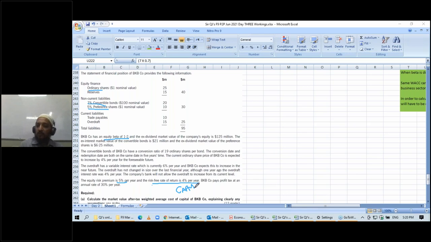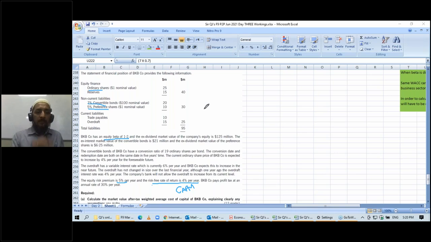Dividend growth model or CAPM? You will be preferring the capital asset pricing model because it is considered amongst financial management people to be superior to the dividend growth model, right? And why, we will discuss a bit after doing this question.